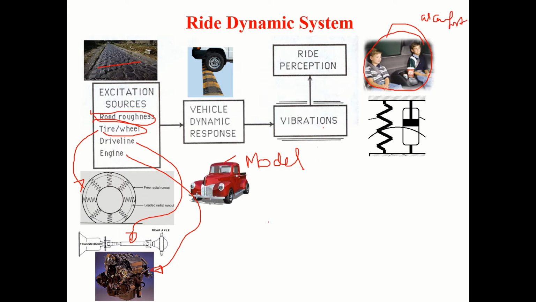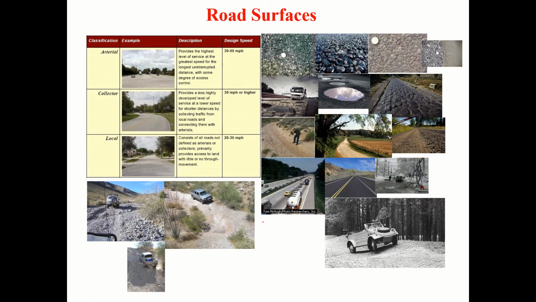First, let us look at modeling the excitation sources. First, let us look at road surface modeling. We have different types of roads: local, collector, and arterial roads. You'll have many local roads like this; each one is a local road.